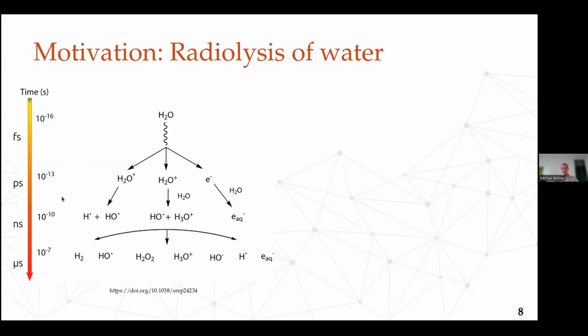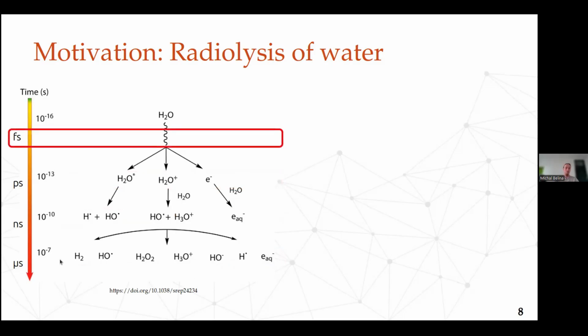So here is depicted the scheme of what's happening with a water molecule after absorption of a photon which has enough energy to ionize it. The thing is that this scheme was discovered from the bottom to the top, right?